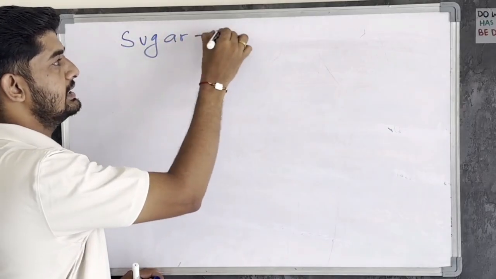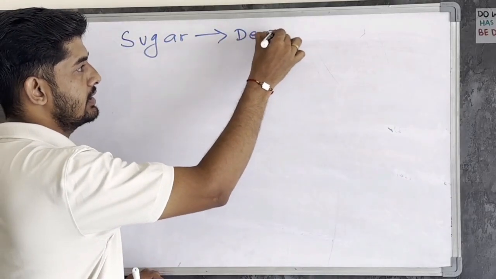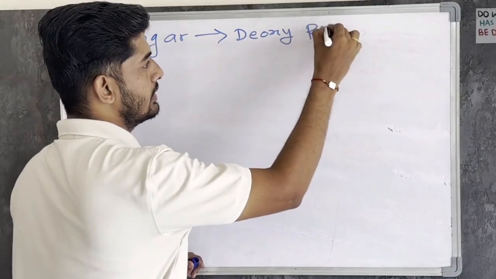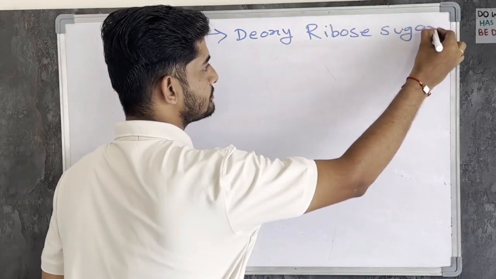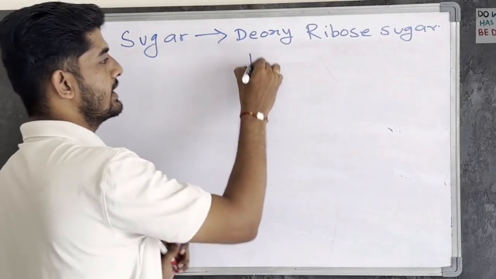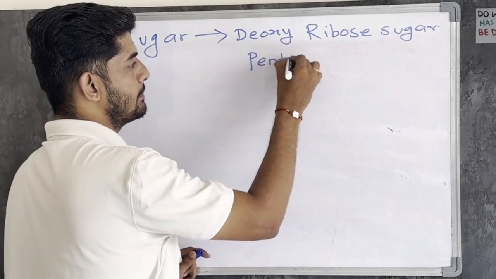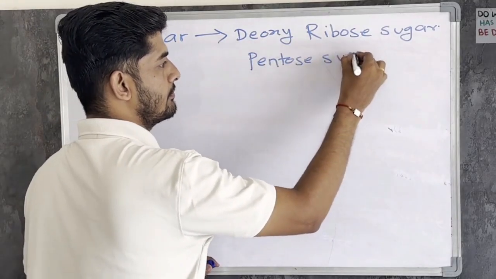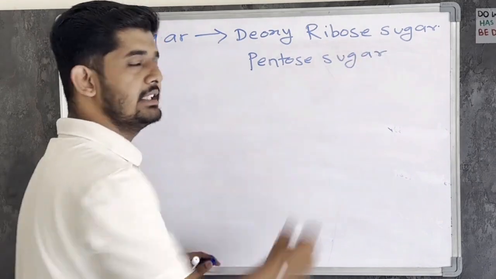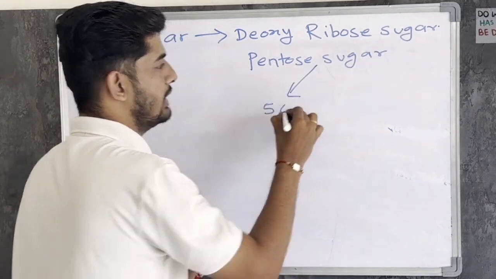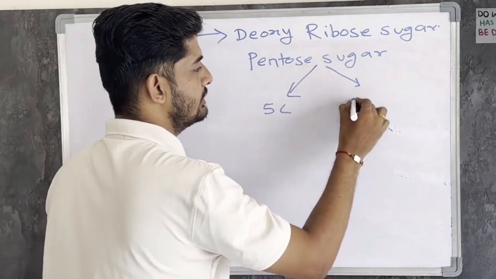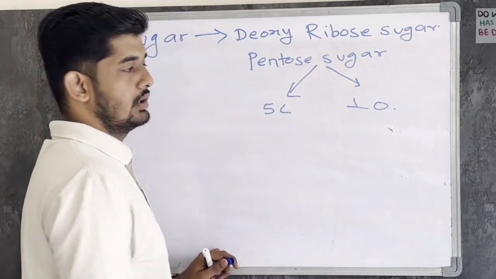The sugar present in the DNA is the deoxyribose sugar. This sugar is a pentose sugar. That is, it is made up of 5 carbons, and there is one oxygen molecule.